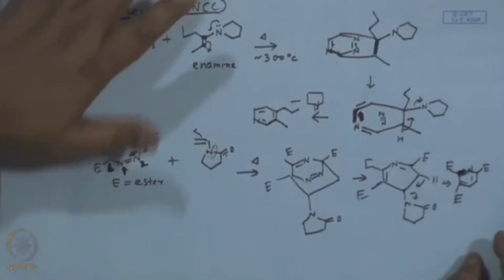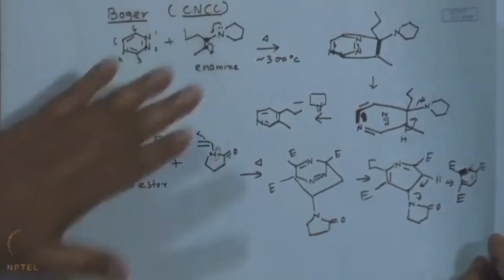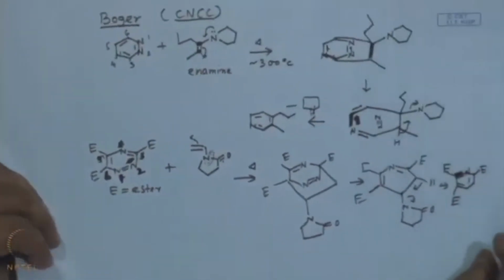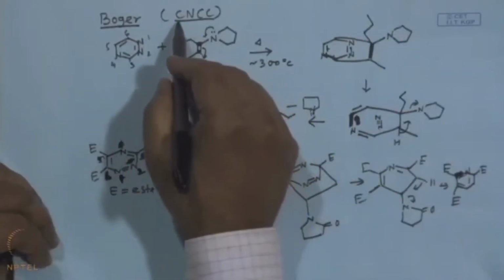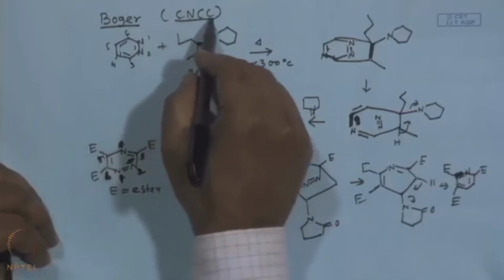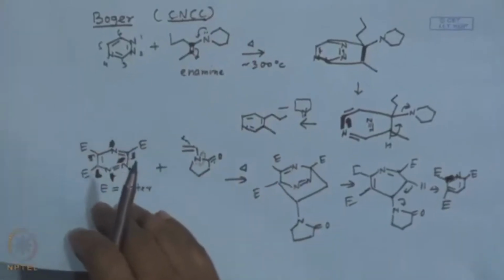Okay. So, just by identifying the electron deficient atoms, one can quickly establish the regiochemistry of this problem. And whenever you want to form a CN-CC skeleton or CC component, you can choose either oxazole or triazine.